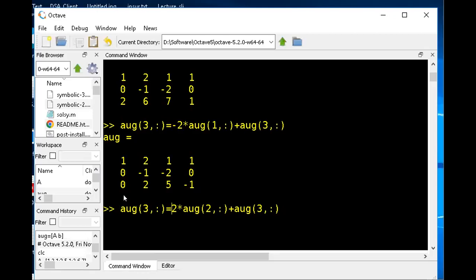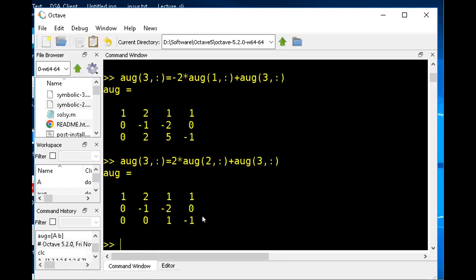Then the third row is replaced with that. You can change the sign, but you don't need to.